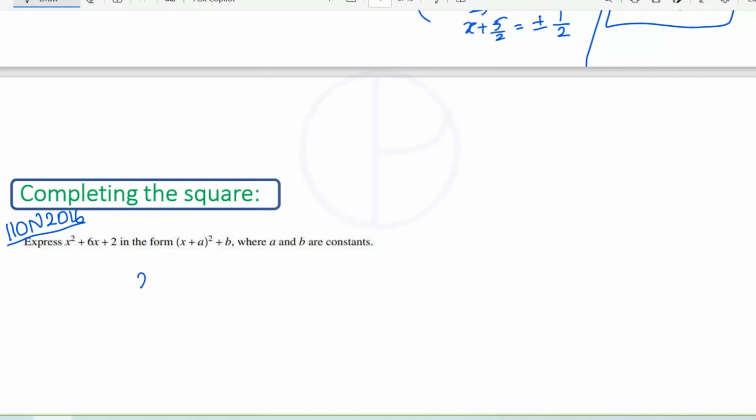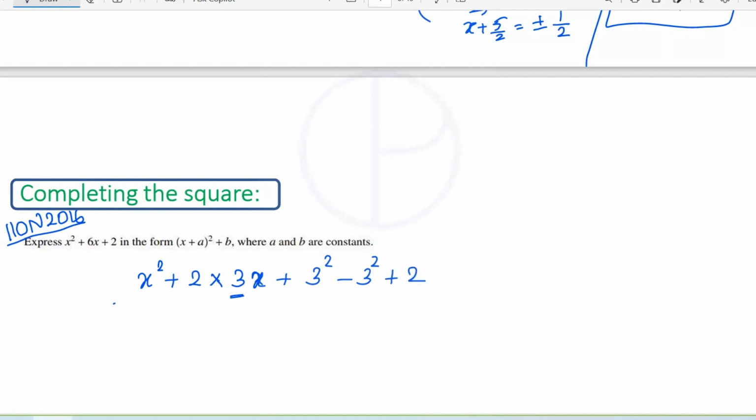So x square plus 6x can be written as 2 multiplied by 3x plus, now add and subtract the square of this number, that is 3 square minus 3 square plus 2.